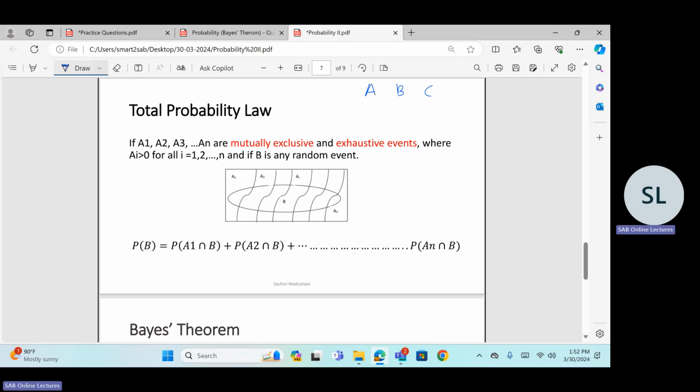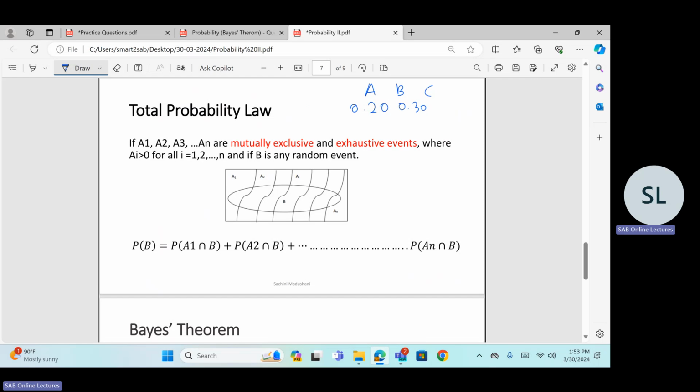Their total production: 20% of their production of that particular product uses machine A. Understood? Then 30% of the production uses machine B. Then what is the remaining part? 50%.